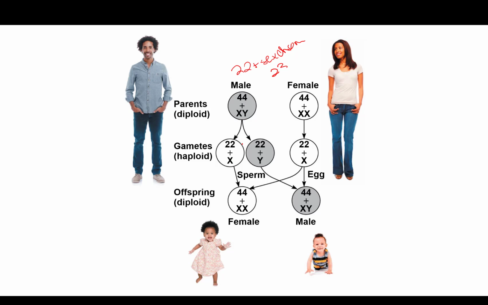A male can either give an X or a Y. Females only have an X, so they can only give an X. So it is the male sperm that determines the sex of the baby. If the male sperm donates an X, you have a female, and if it donates a Y, you have a male. That's how inheriting sex characteristics works.